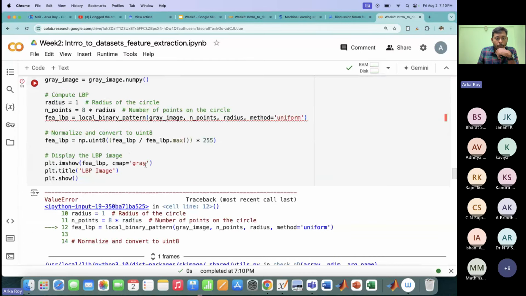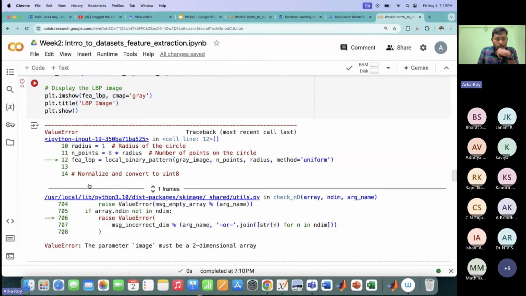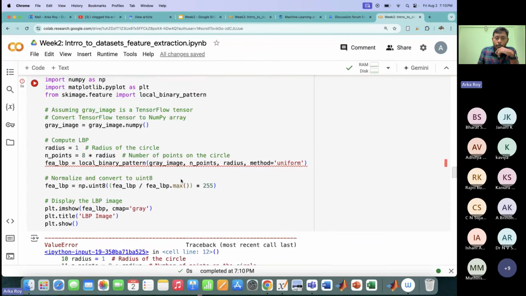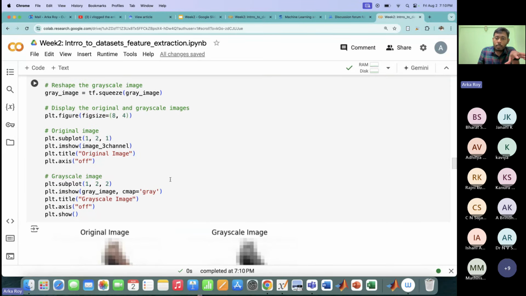But over here, when I'm using that gray image and running this particular function, you are getting some sort of error. So why is this error coming? Over here, you can see normalize convert to UINT8. It is trying to convert into UINT8, and at the same time, the data type is tensor.